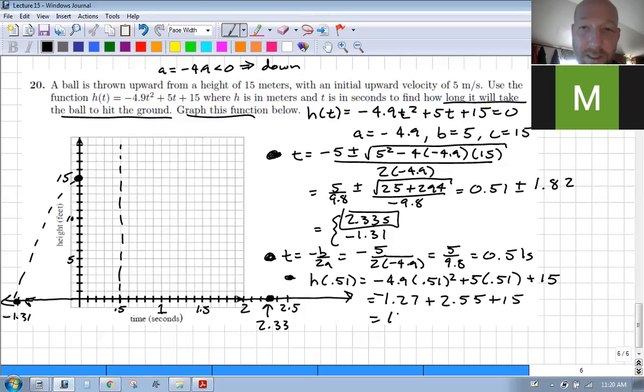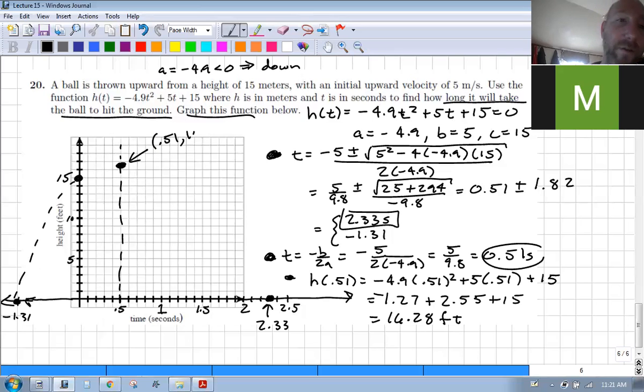This is 16.28 feet. So this is 15, 16, talking about right here, right? So this is our vertex. This is at 0.51 and 16.28.